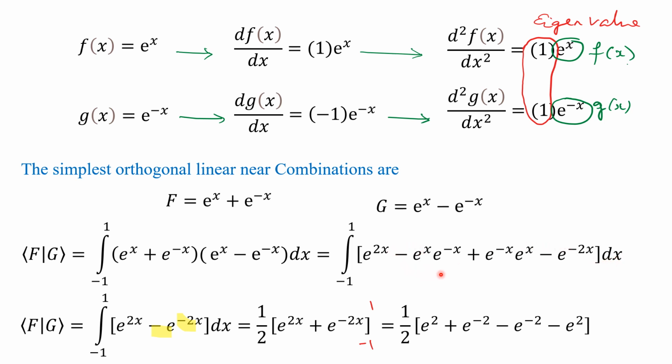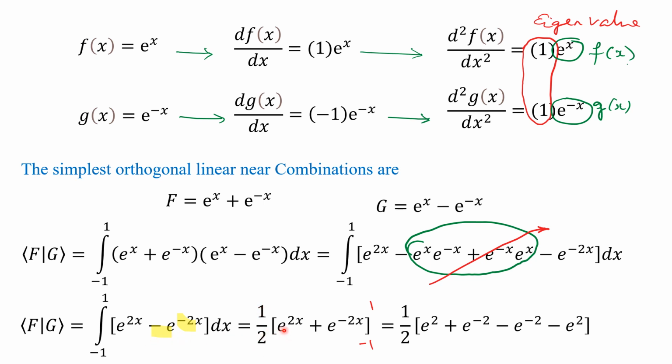Now you look at the second and third term. Both are equal and of opposite sign, so you can cancel these two and they become 0. Now only the first and last terms are left out. So we have the integral from minus 1 to plus 1 of e power 2x minus e power minus 2x. If you integrate this, you will get 1 over 2 in both cases, so I have taken 1 over 2 outside.